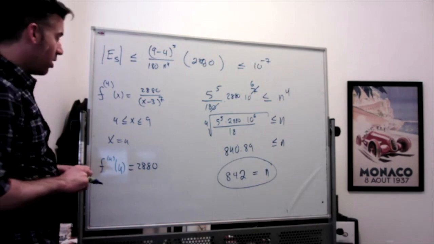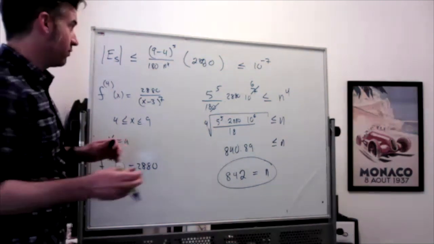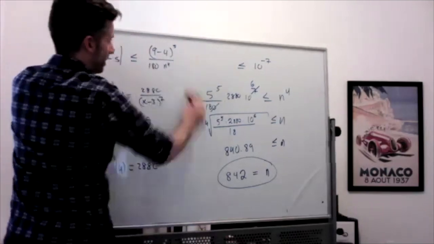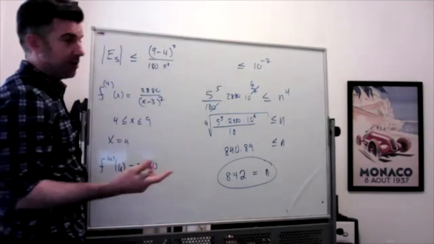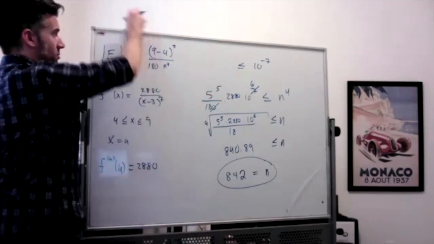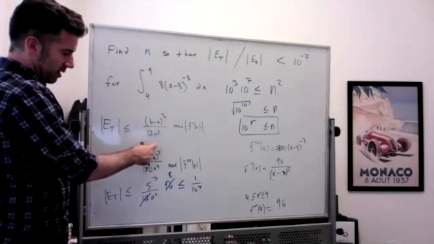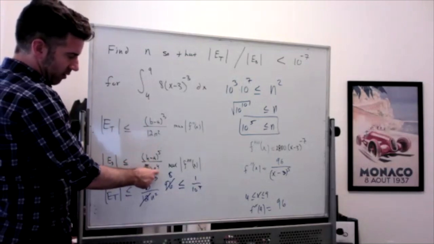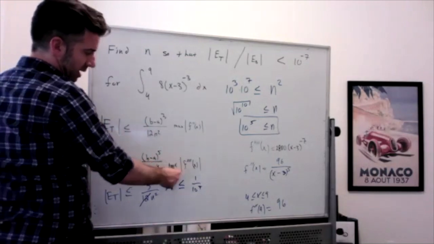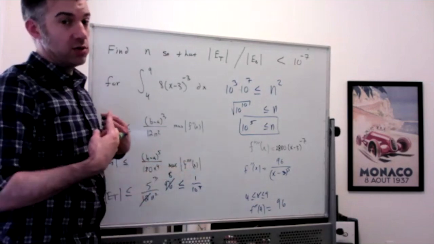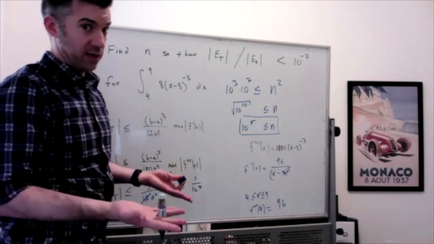I didn't choose 4. The formula says that for Simpson's rule the error is less than or equal to (b minus a) to the 5th divided by 180 n to the 4th times the maximum of the absolute value of the 4th derivative. So I didn't choose it. The formula told us that's what we had to use.